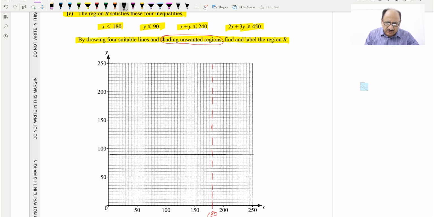Next is x plus y is less than or equal to 240. So when x is equal to 0, y will be 240, so 240 will be here. And when y is equal to 0, x will be 240, so 240 will be here, and we can draw the line.